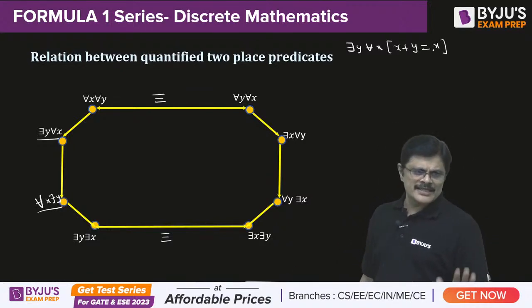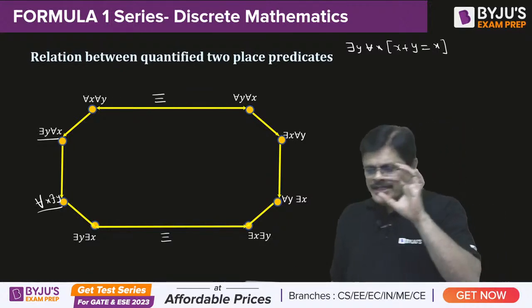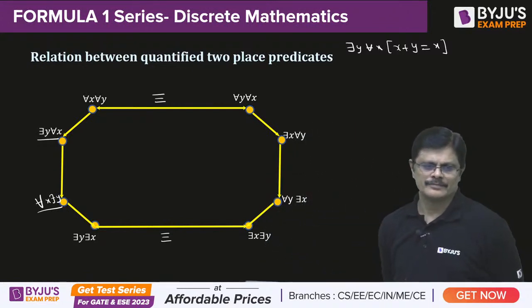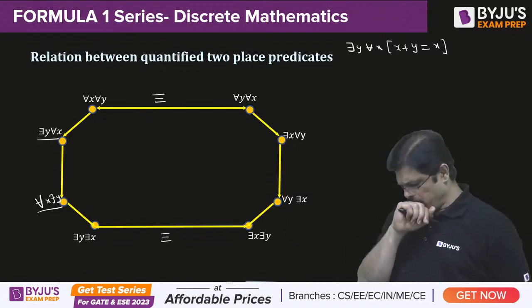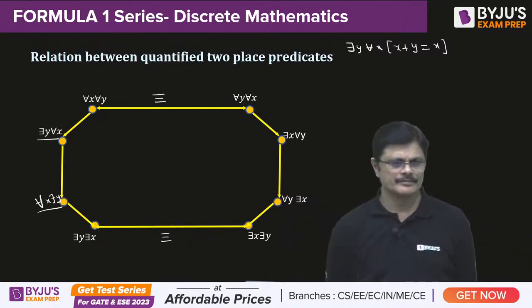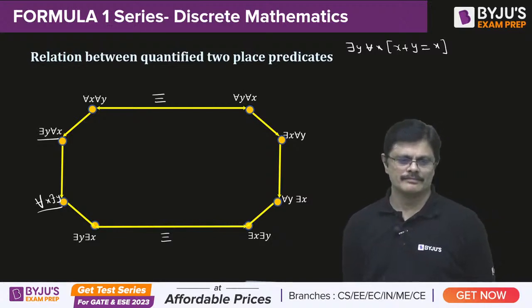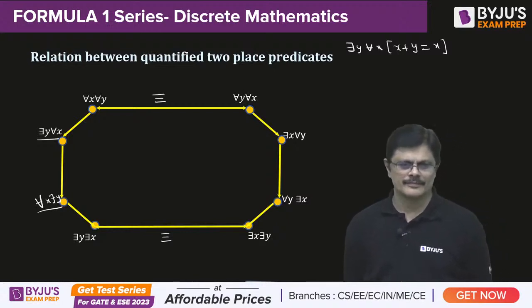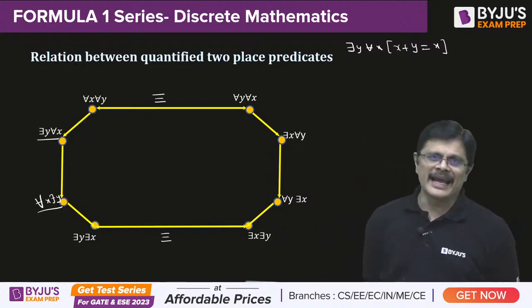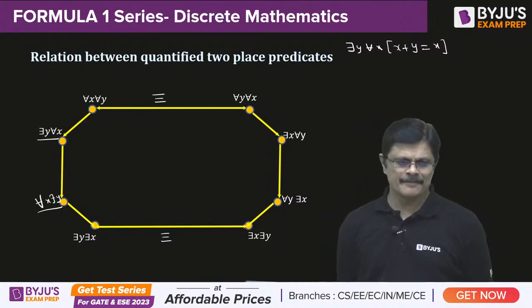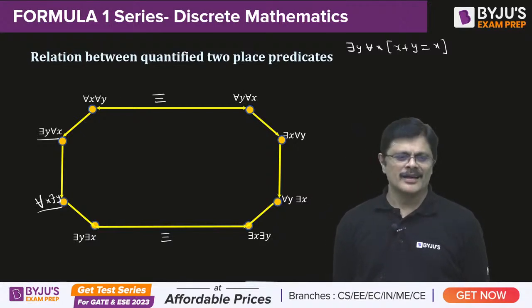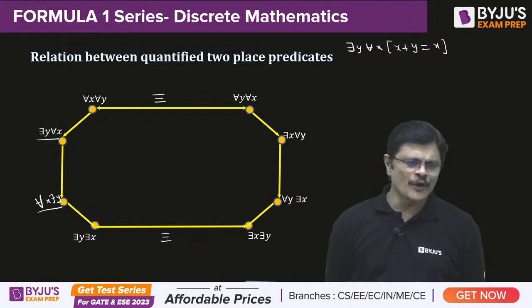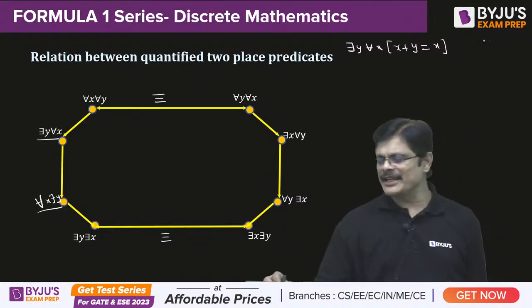Can you tell me what is that single y, my dear friends? Y is 0, which works for every x. So that single y is 0.